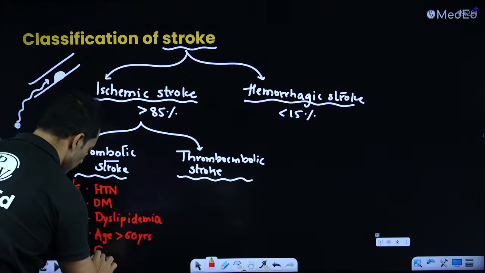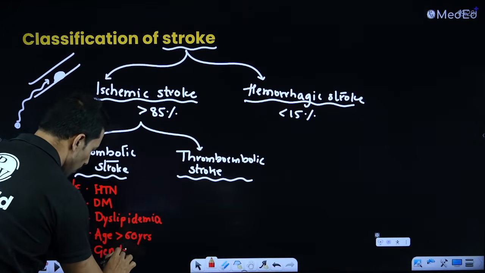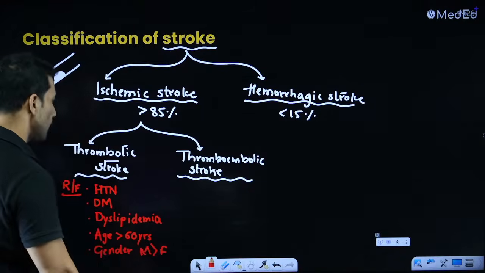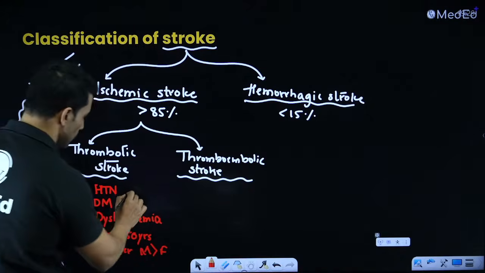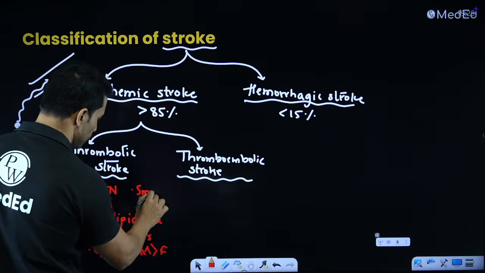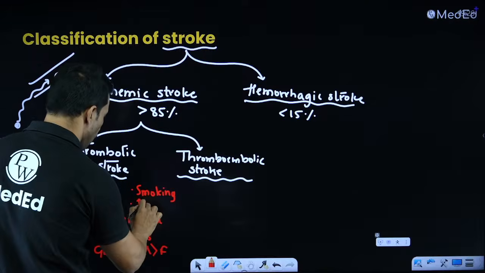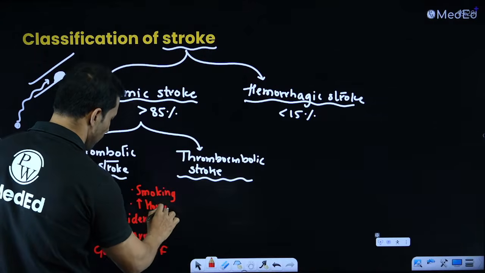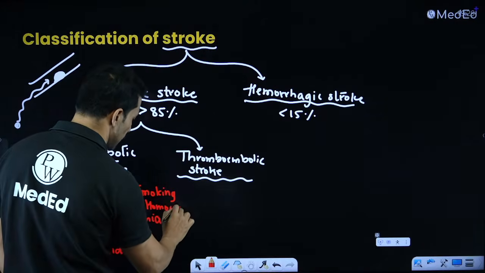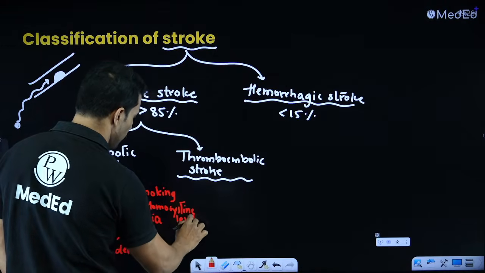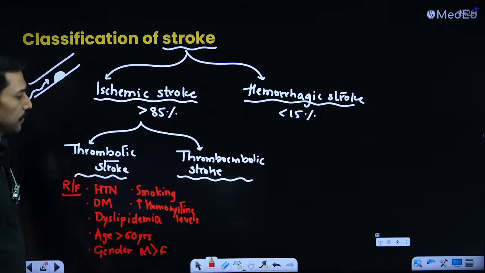So is gender, because more stroke cases occur in males than females. Okay. Apart from these, smoking is a risk factor. Then increased homocysteine levels or hyperhomocysteinemia is a risk factor. So these are all important risk factors for thrombotic stroke.